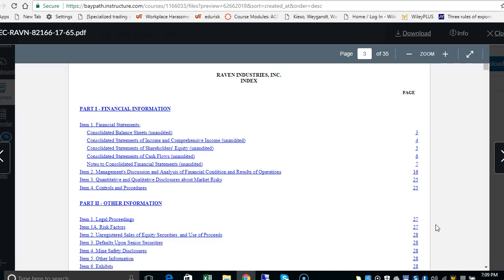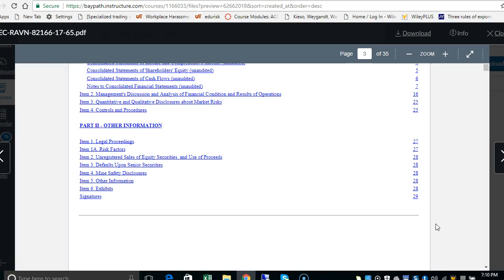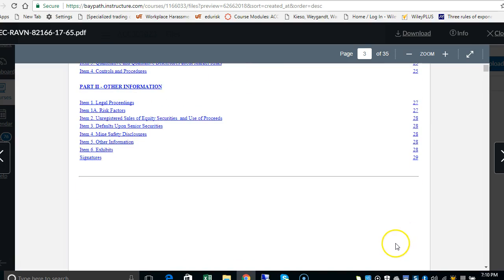Then management has a discussion and analysis of these statements, quantitative and qualitative disclosures, and then they talk about internal controls and procedures, which obviously is an important function of our auditing class. Part 2, we get into legal proceedings, risk factors, defaults upon senior securities, other information, and signatures.